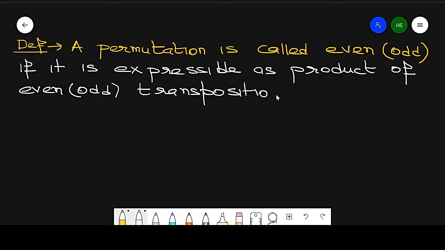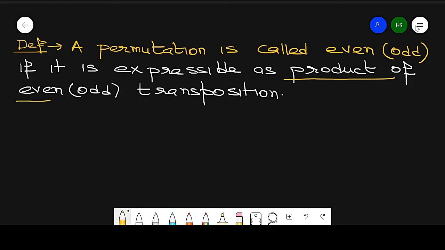So if the permutation is even, then it is the product of even transpositions. If the permutation is odd, then it is the product of odd transpositions.